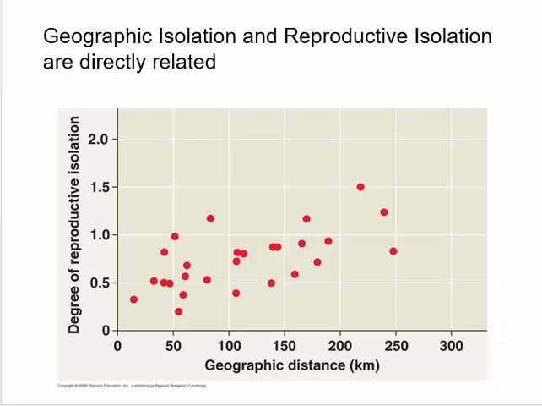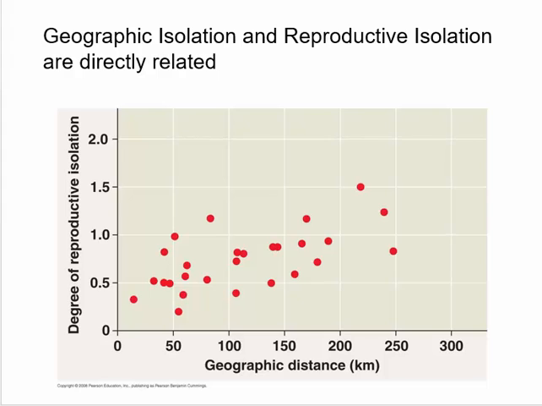Now, you don't necessarily need a huge river or a mountain range to create that geographic isolation, but just simply distance can be a reproductive barrier, right? So if you look at the degree of reproductive isolation and geographic distance in this, whatever random species we're using just as an example, what we see is as the distance increases, the degree of reproductive isolation increases.